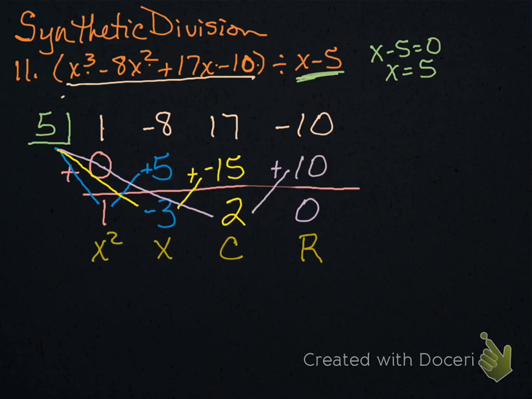Alrighty. Now I'm going to write down my final product, or quotient. So, x cubed minus 8x squared plus 17x minus 10 divided by x minus 5 is x squared plus negative 3 times x is negative 3x. 2 is the constant, so plus 2. And I have no remainder.